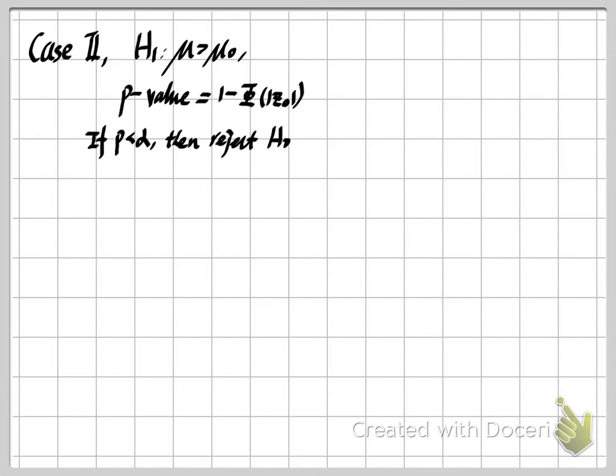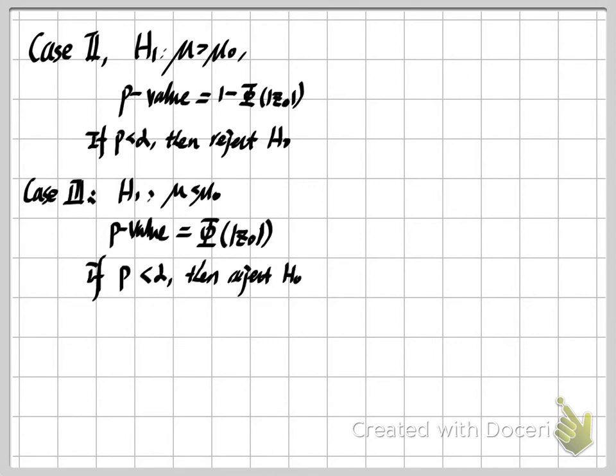And then the last case: if the alternative hypothesis is mu smaller than mu0, then our formula for the p-value is equal to the CDF at the absolute value of z0.